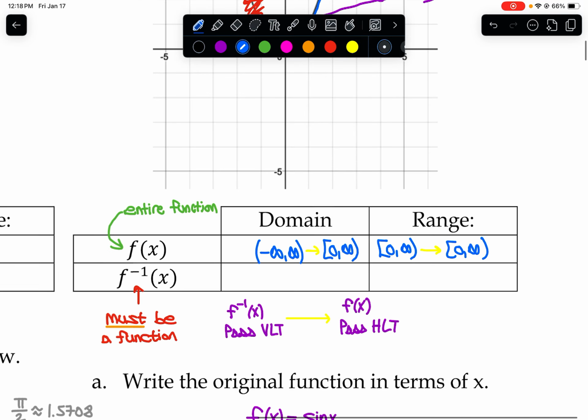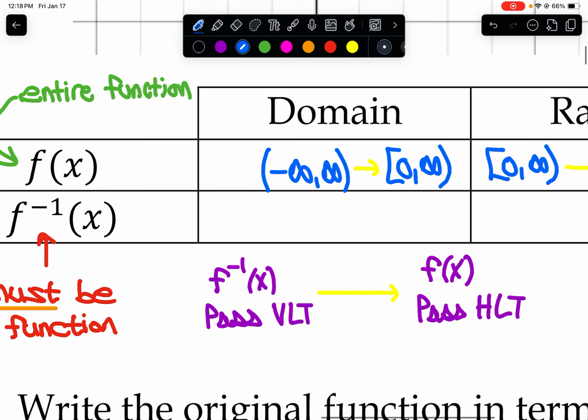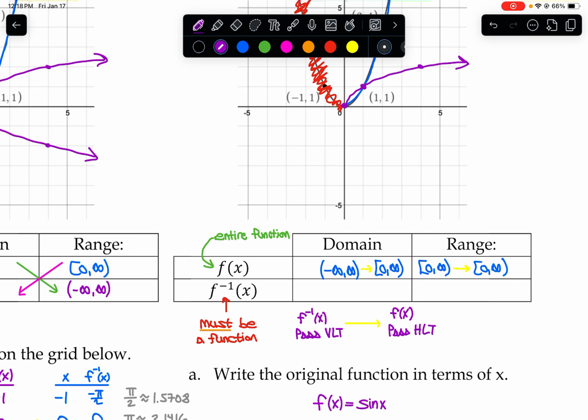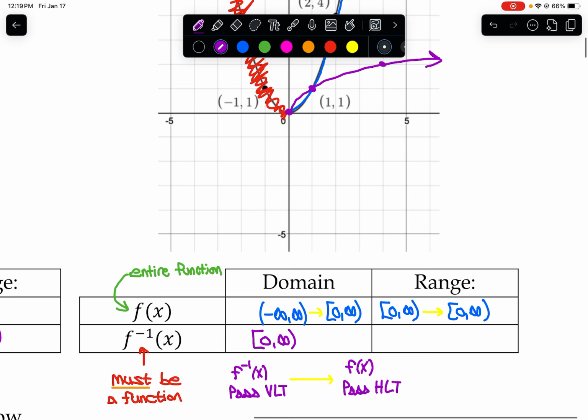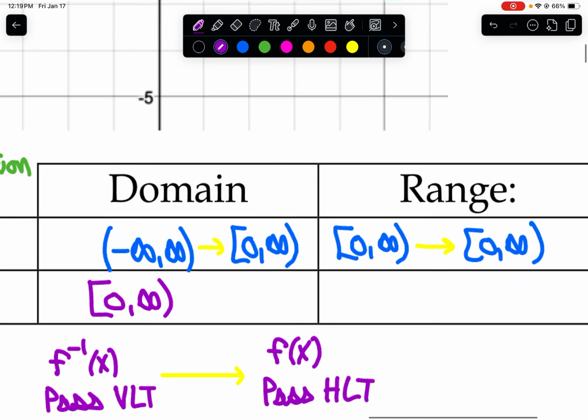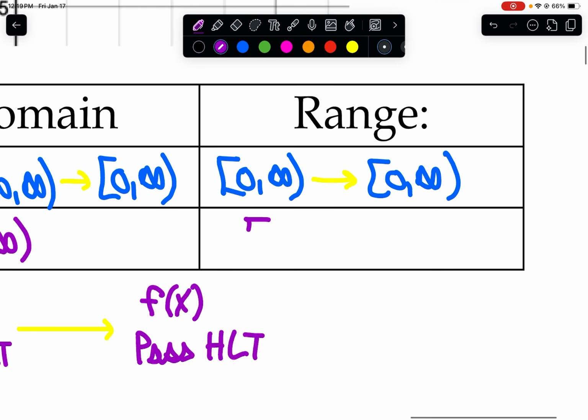All right, and then when I do my inverse function, the range is going to be, or not the range, the domain is the range of the original, so from 0 to infinity. And then my range is going to be the same as the domain of the original, from 0 to infinity.